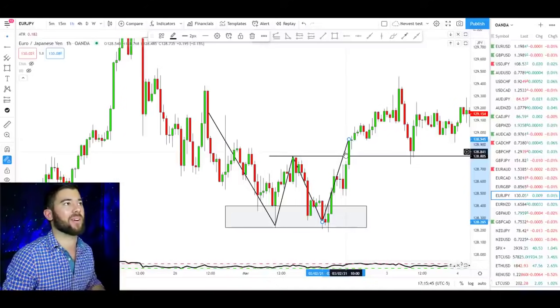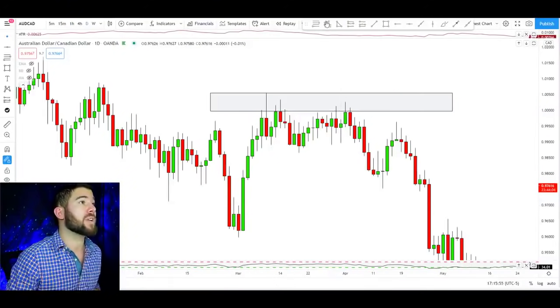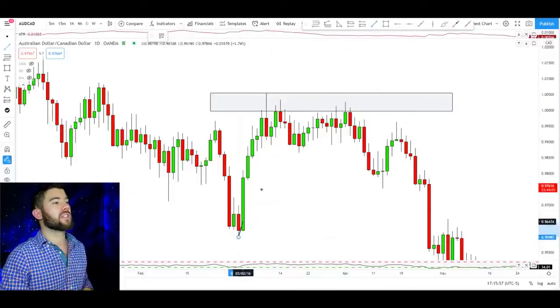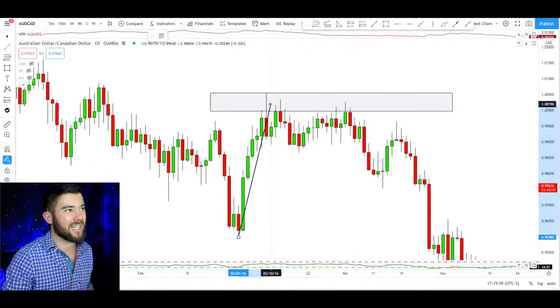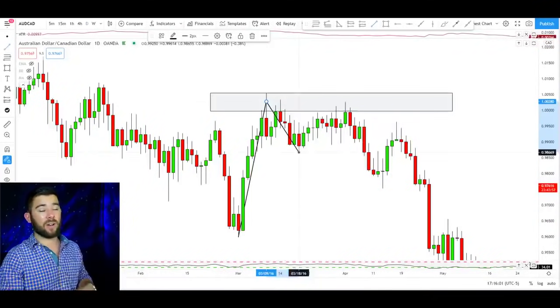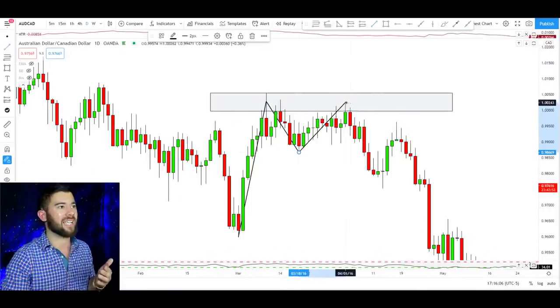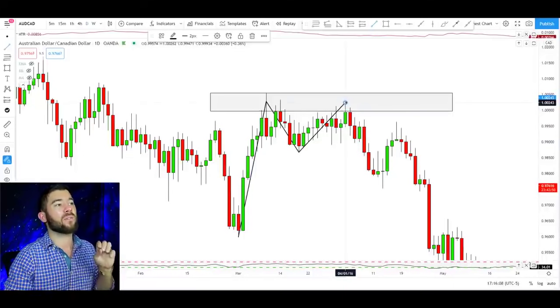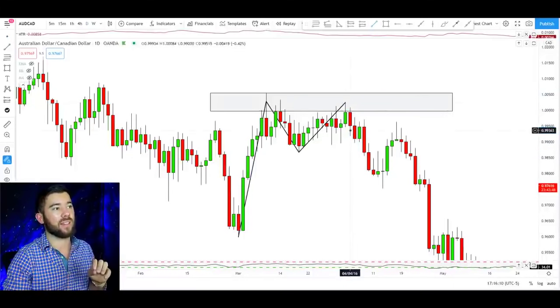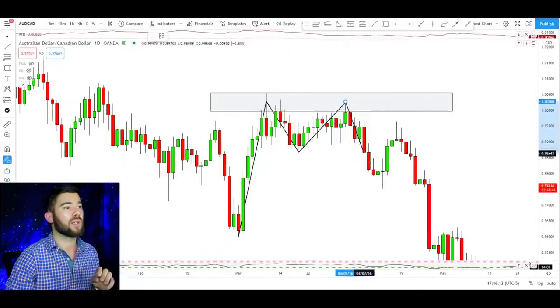Let's check out a double top though. So a double top is going to be when the market pushes up to a level of resistance, then pushes down in our initial pullback, but instead of continuing this uptrend, we now test that level of resistance once more and find resistance yet again. The market then breaks through the neckline.